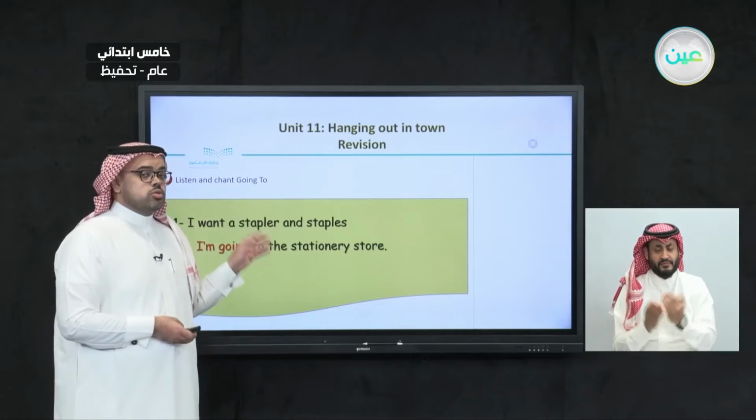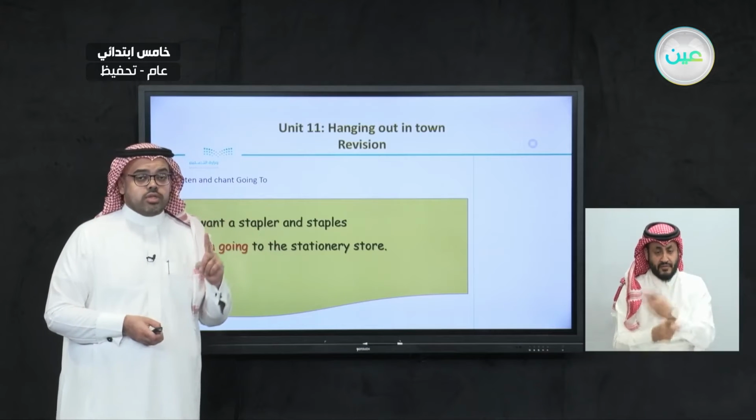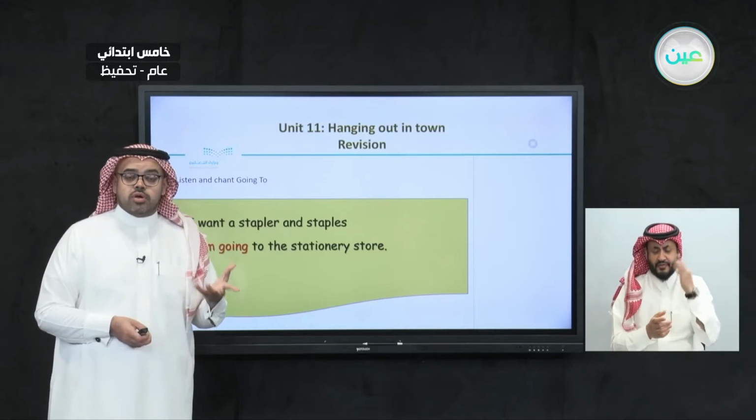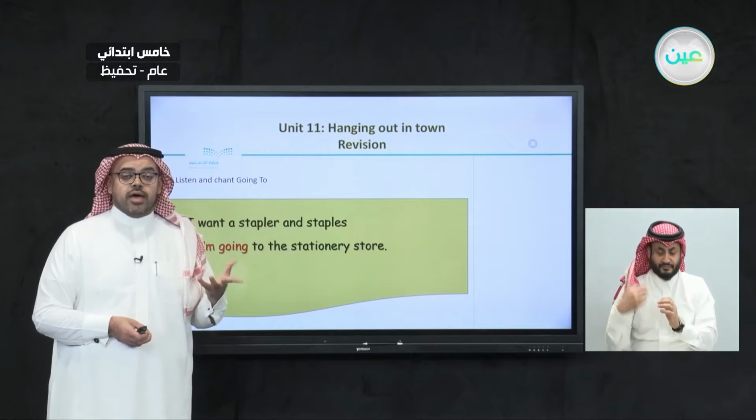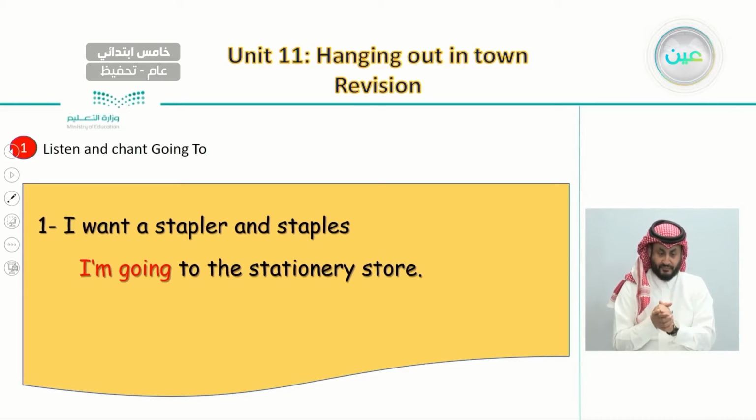I'm going to read these examples. I would like you to listen and preferably say them after me. So let's start with number one. Number one, I want a stapler and staples.